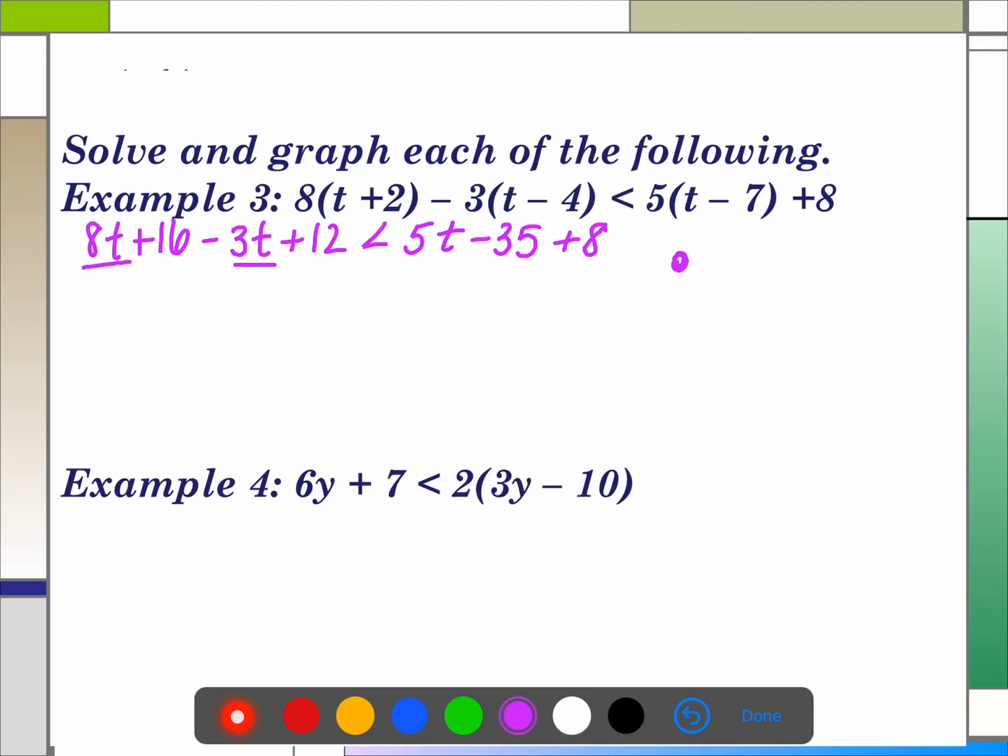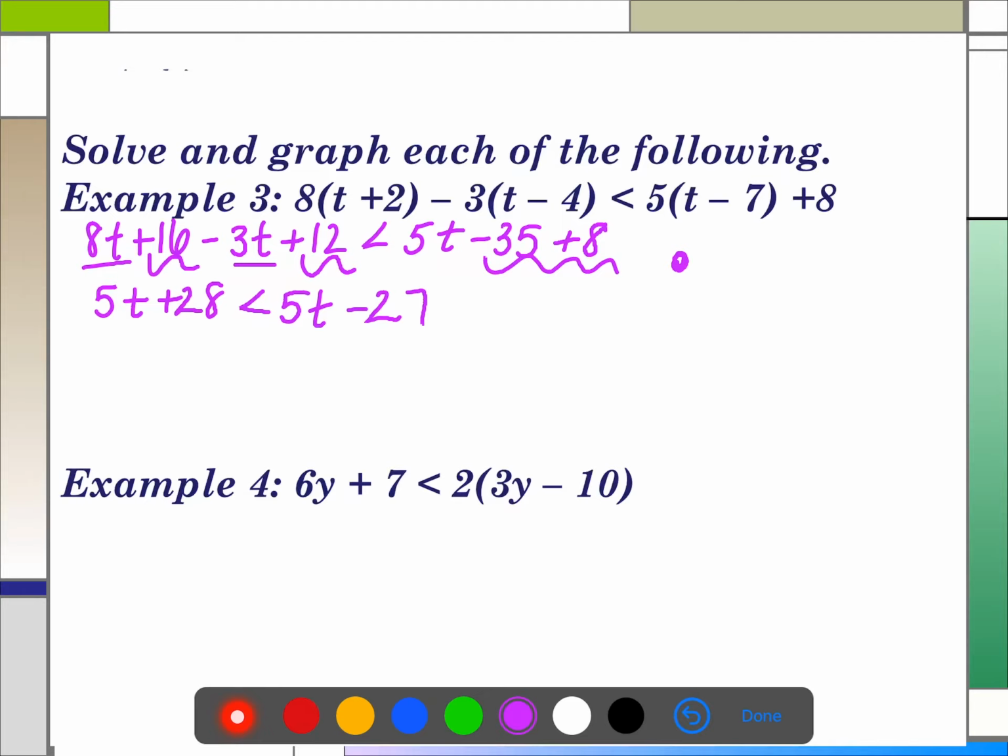And we're going to combine like terms. So I have variables on both sides.